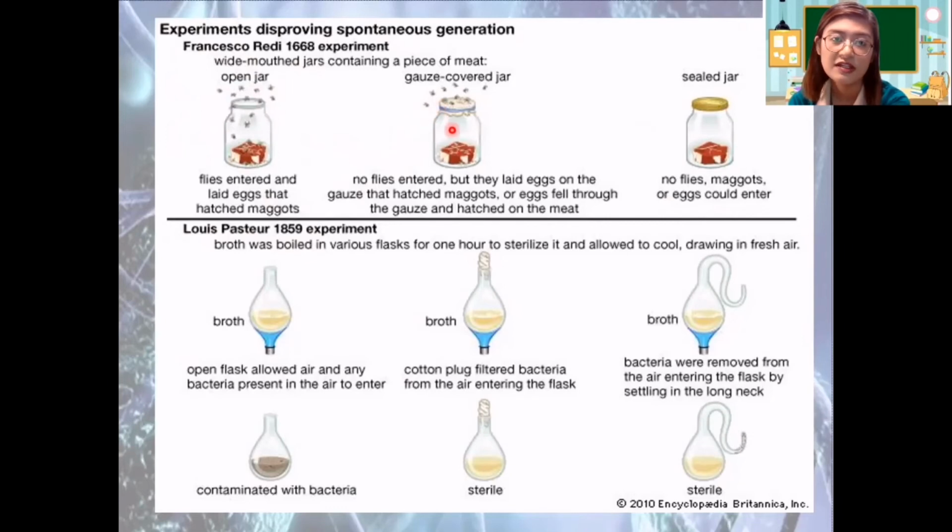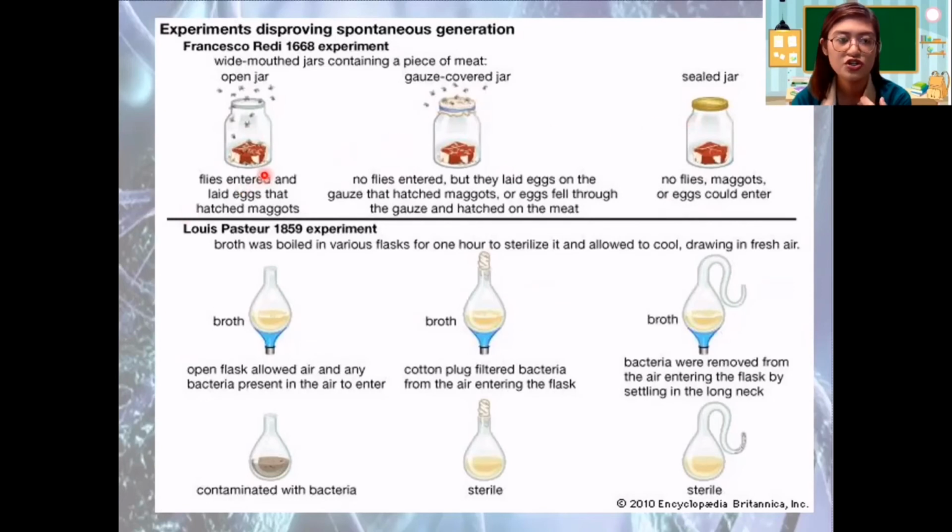The second one is he placed meat in a gauze covered jar, so meaning a slight opening. It's a gauze or a piece of cloth na ay mga tiny holes. And the third one, he placed meat, but this time it's sealed.